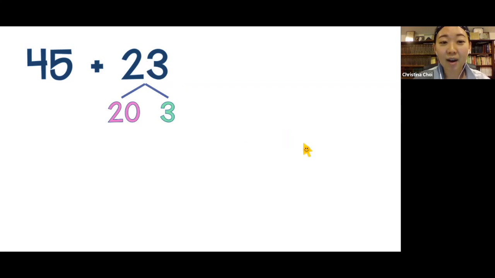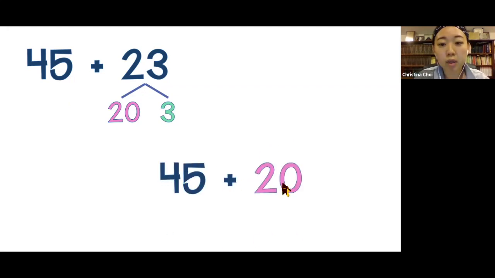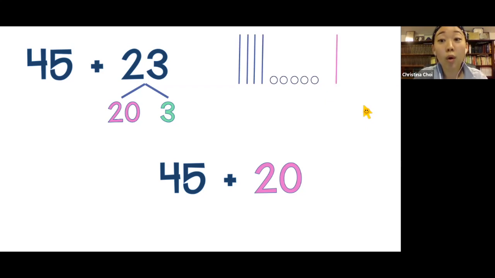Okay? Now, let's add 45 and 20. Can we do that? Is it too hard? Let's see. 45 plus 20. We have our quick tens. We remember quick tens, 45. And then what do we have to do? Add 1? No. One more. Just one more. And let's now count the tens. We add the tens and then the ones.